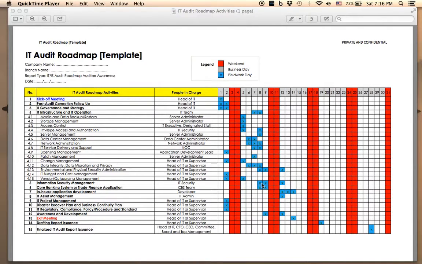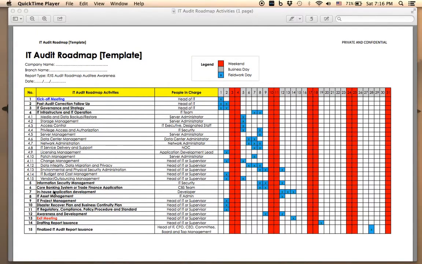So the fieldwork may take 3 days. This is just an example only, depending on whether your scope is small, medium or big. If your scope on IT security is very big, you may extend your mandate sometimes 1 week or 2 weeks or 3 weeks, depending on the scope and objective of the audit review.